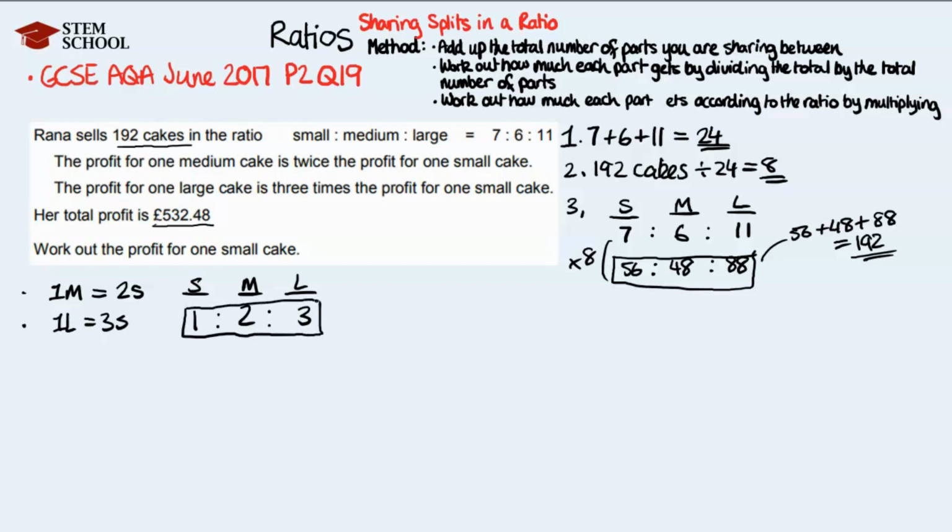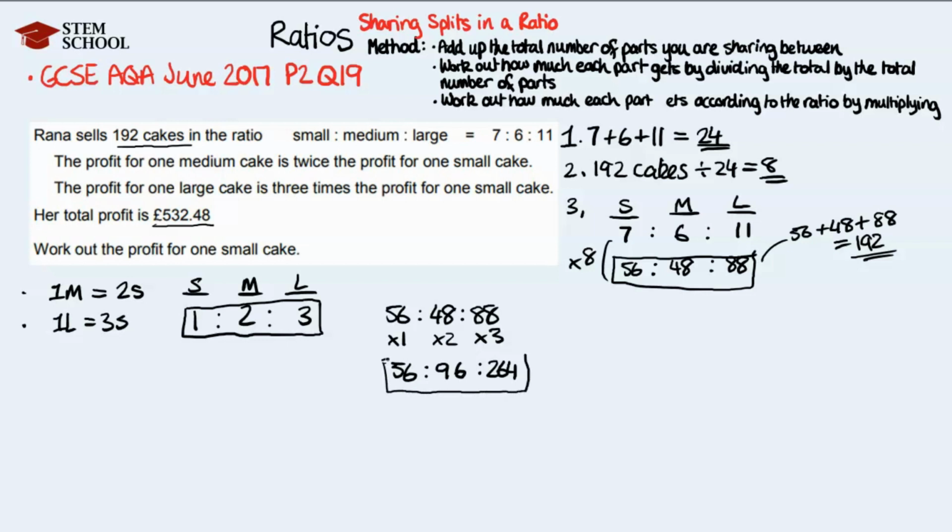Okay, now what we're going to do is multiply the number of cakes ratio by the profit ratio. So write that down. We've got 56, 48 and 88, and we're going to multiply each of these by the ratio. So this is a bit that people will find confusing. Okay, so 56 times 1 is 56, then we've got 96, and then we've got 264.